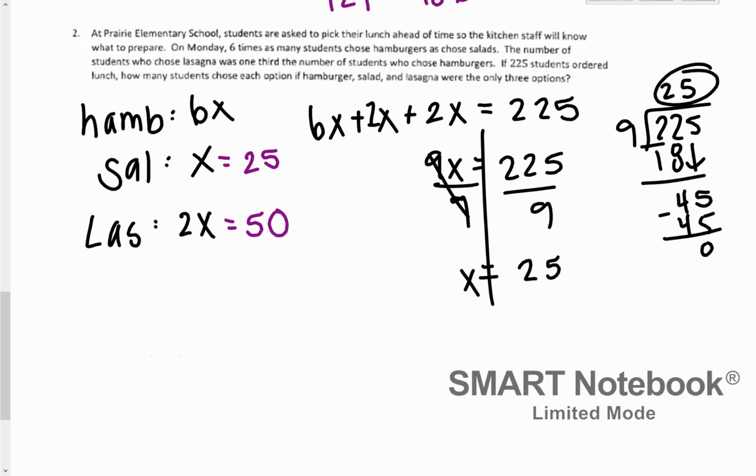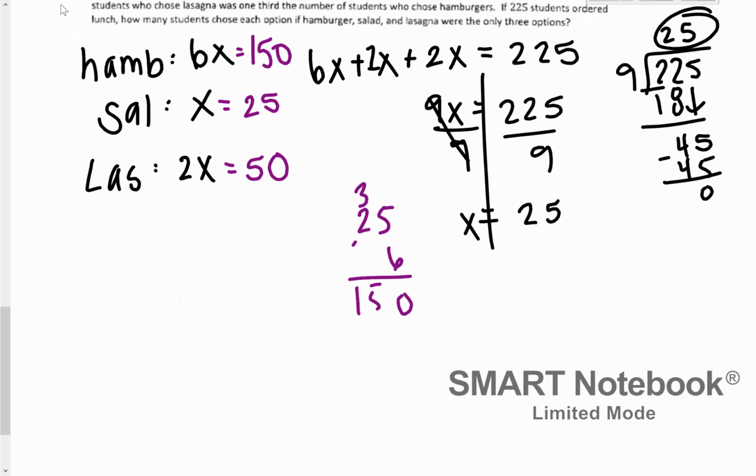For hamburgers, we would do 6 times 25 to get 150. All right, and that is how you write equations with one variable that represents different missing information in the problem.